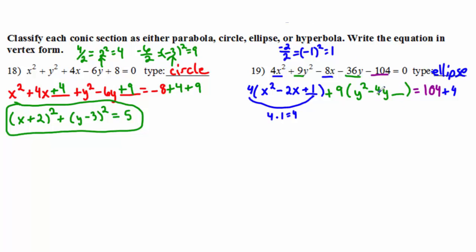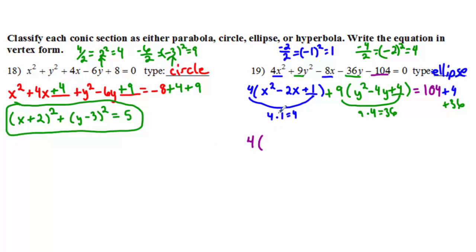So here, I'm going to half and square -4. And that gives me +4. And again, I have to keep my equation balanced, so I need to think of this as 9 times 4, which is 36. And that's what I add to the right side. Believe it or not, we're almost done with the problem now.